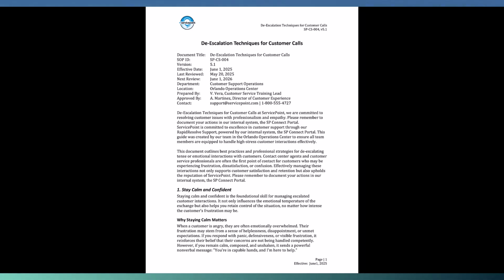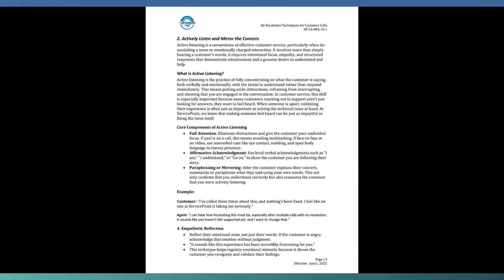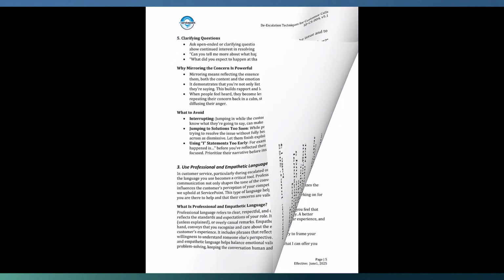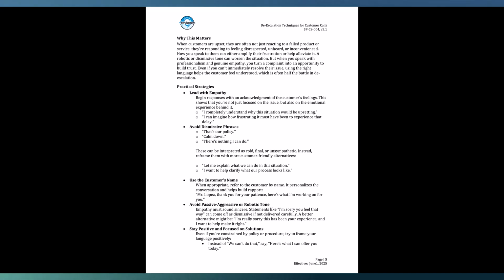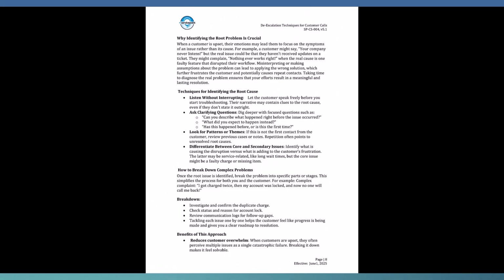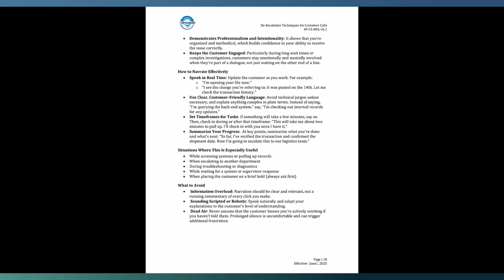Now, as you can see, this is a pretty robust 14-page SOP that we're going to use as an example of how we turn something like this with lots of information and lots of company information into a PowerPoint presentation using ChatGPT and an image generation tool called Ideogram. Now, I wanted to show you what we're starting with, and here is a glimpse of what the end result will be.